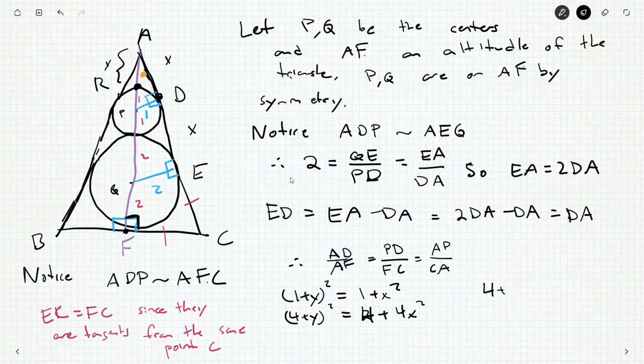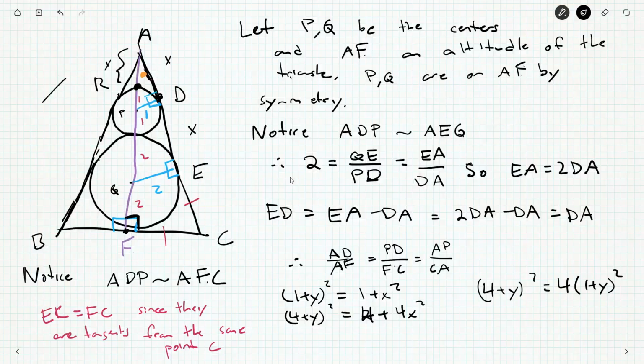So 4 plus Y squared is just 4 times 1 plus Y squared. Doesn't that mean Y has to be 0? Oh, no. We can expand it out.